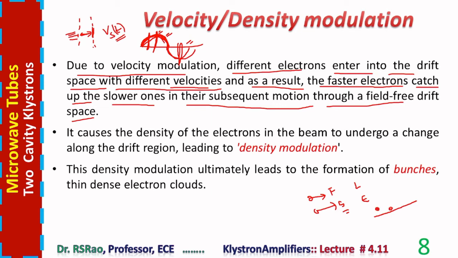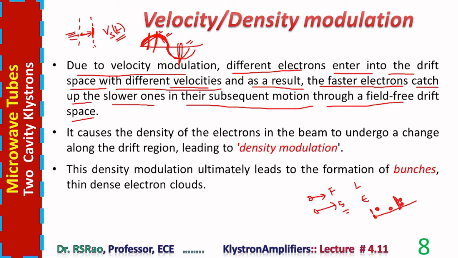Reason is slower electron entered into the drift space early. That's why it travels more distance. Even though it is slow, it entered early. Faster electron, even though it is fast, it entered late. That's why it may be here, lagging behind the slower electron.